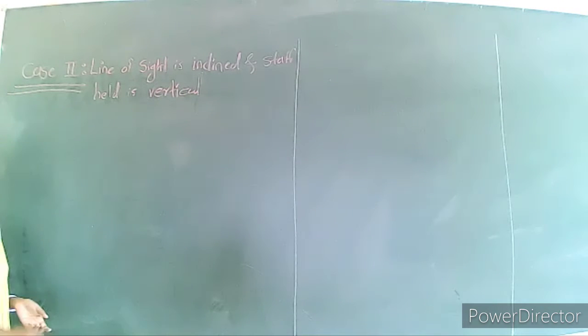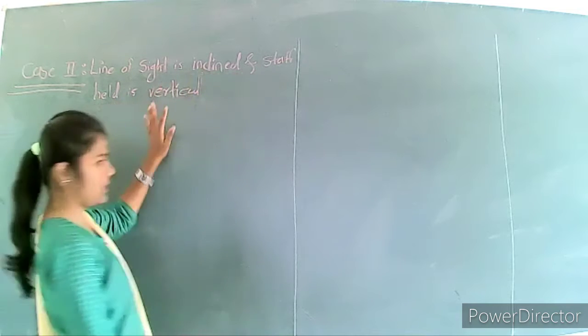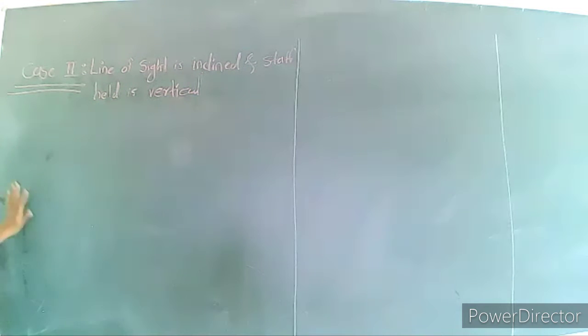In this session, we study the second case of tachometry, and that is line of sight is inclined and the staff is vertical. From this statement, we can draw a first figure.